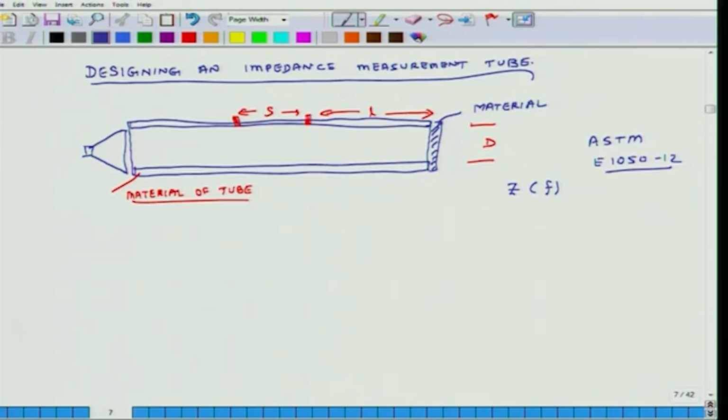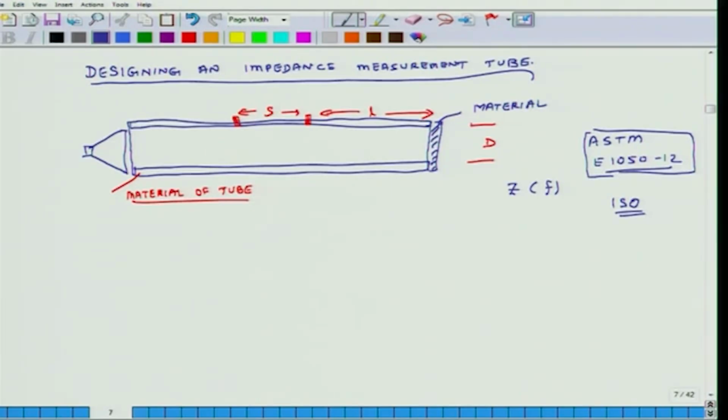This is an ASTM American standard. A very similar standard is also there, an ISO standard, International Standards Organization. They are fairly similar. There are some differences, but today we are just going to have the discussion in the context of the ASTM standard.